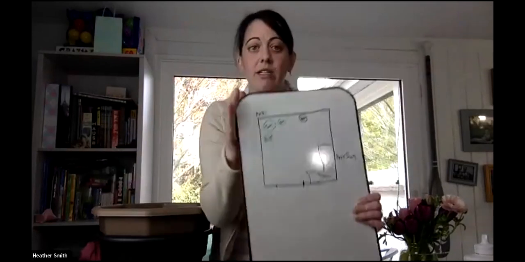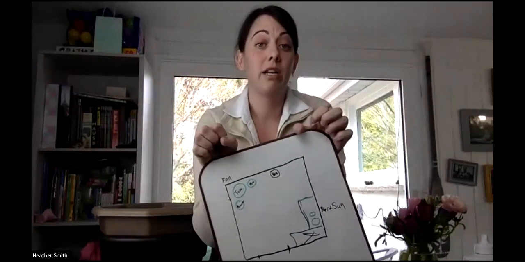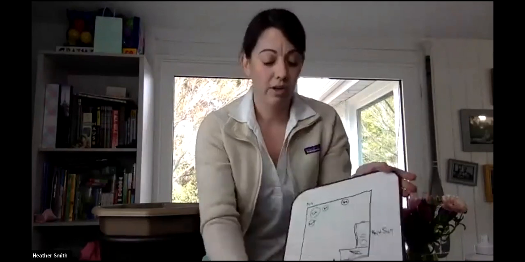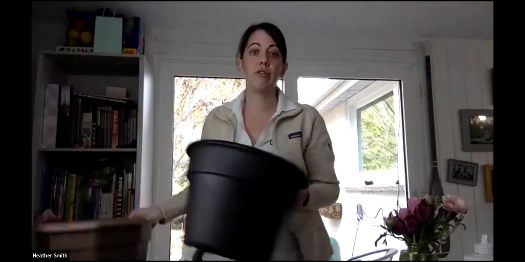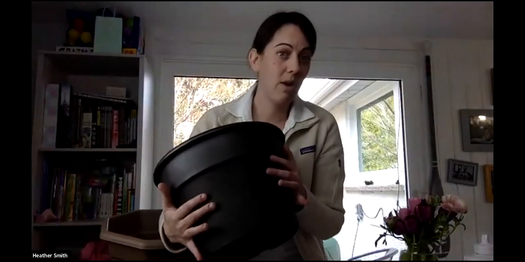Another thing to consider when you're doing container planting or balcony planting is temperature. We talked about the full sun. Full sun is obviously really, really hot. Another thing that can happen if you're planting in the full sun is you can burn your roots if you're using dark pots. So if you are on a balcony, I always say use light colored pots or natural colored pots, because your black pot is going to get way, way too hot, and you might actually burn your roots.